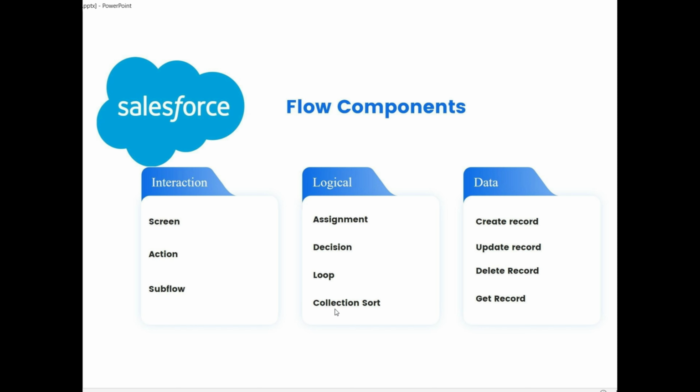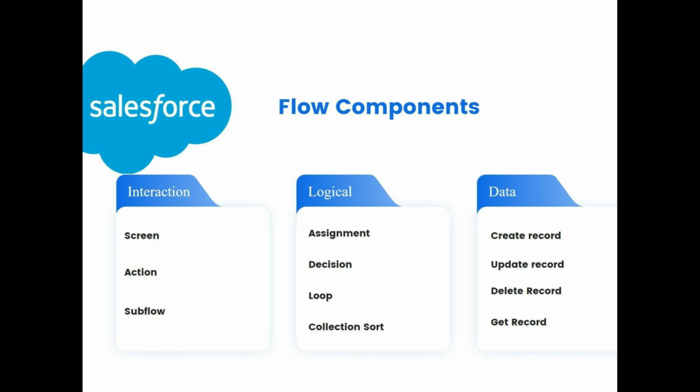And collection sort allows you to sort records in a collection by field, like sorting opportunities by amount or date, etc. And if we talk about data components, these are used to work with Salesforce records, like create, update, delete, or get records. These components are the building blocks for every Salesforce flow, and learning when and how to use each one will make you a pro in automating business processes.